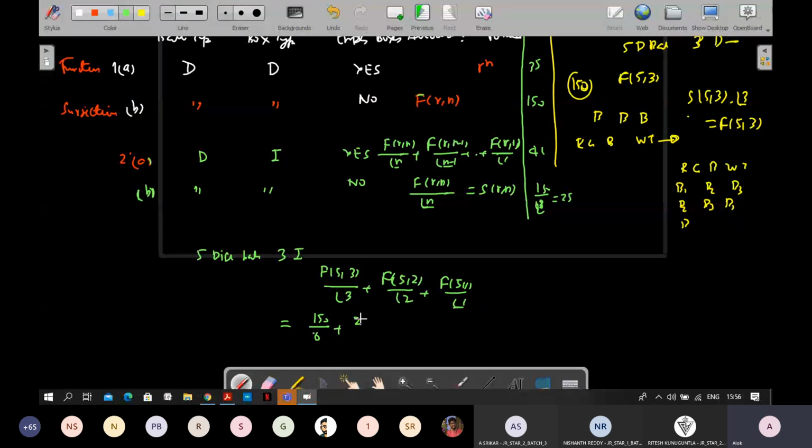F(5,2), I told you, 2 to the power 5 minus 2 over factorial 2. And F(5,1) is just 1, 1 by factorial 1. So this is 25, and this is 32 minus 2, 30 by 2, 15. So 25 plus 15 plus 1 gives you 41.